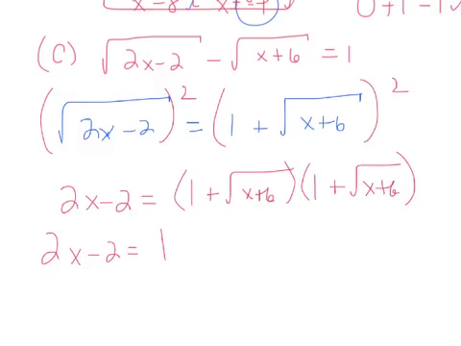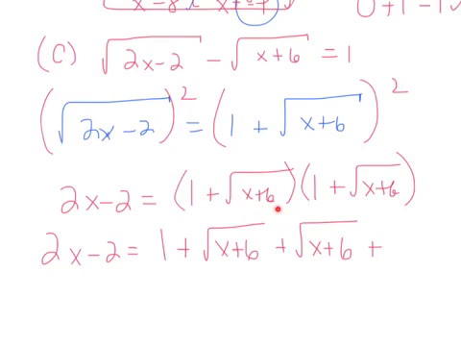The outer is going to give me 1 times radical x plus 6, which is just radical x plus 6. The inner is going to give me 1 times radical x plus 6. And then last is going to give me radical x plus 6 times radical x plus 6. Well, remember, like radical 5 times radical 5 is just 5, right? So when I multiply radical x plus 6 times radical x plus 6, it's just x plus 6.